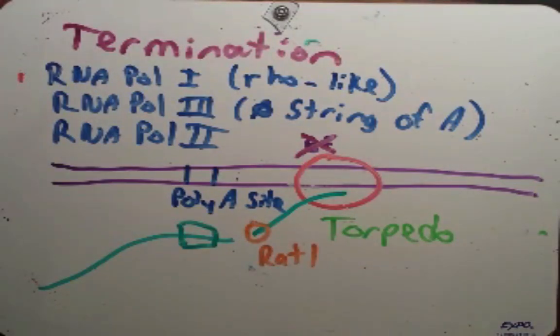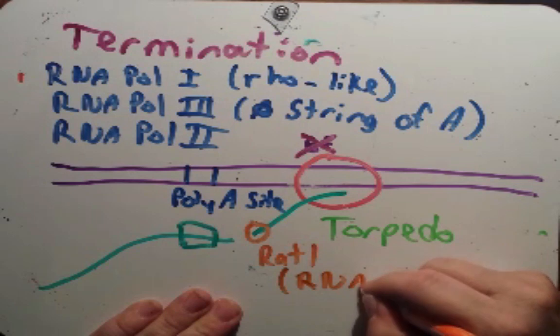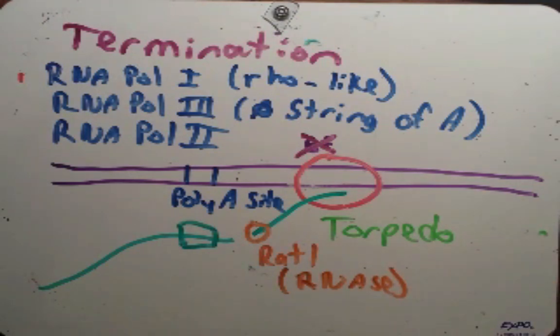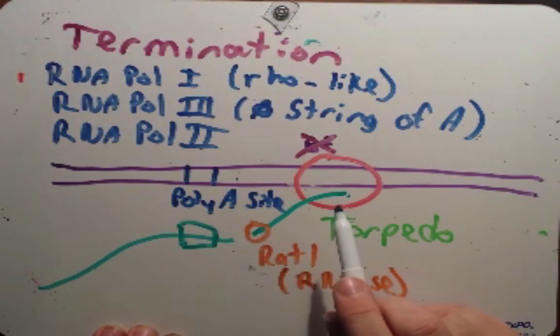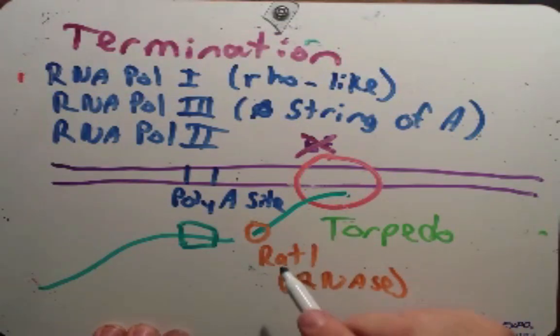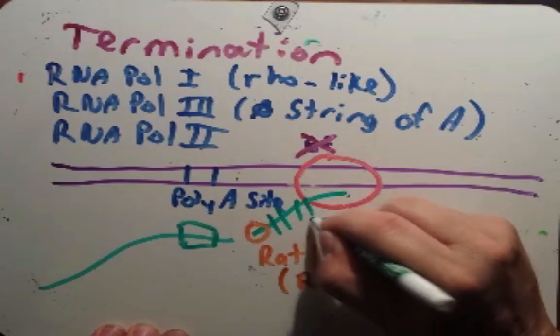It binds to this end of the RNA molecule. RAT1 turns out to be an RNase protein, like we talked about when we talked about the Avery, MacLeod, and McCarty experiment. It's an RNase. And so what it's going to do is move up towards this, much like our Rho factor did, but this is a little different because instead of chewing it up all the way here, it slowly just chops it to pieces.